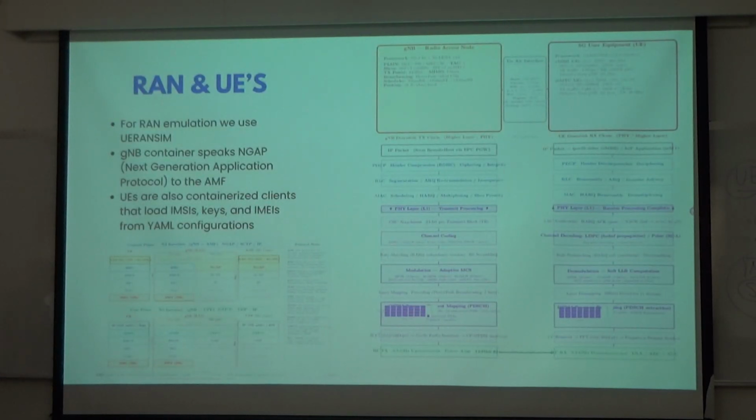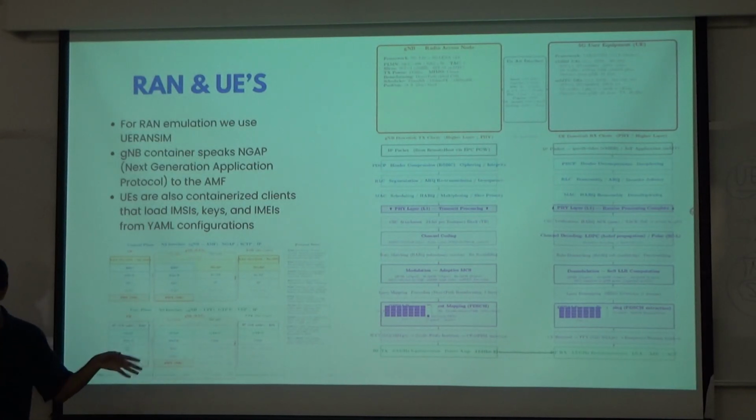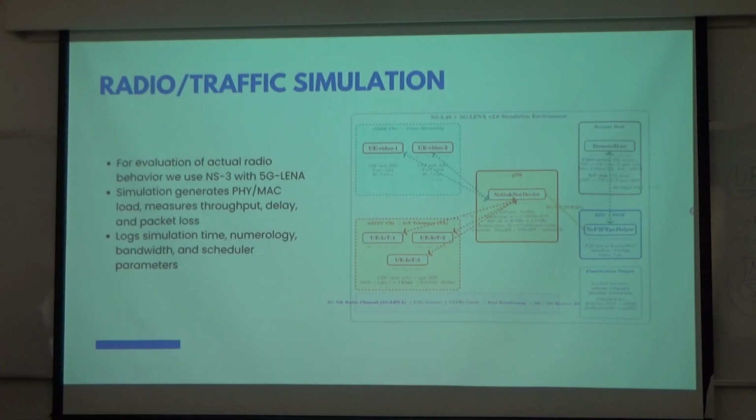Next, this is the runtime device. This is just the protocol stacks and processes between the gNB and the 5G user. Next, this is how the traffic is simulated.